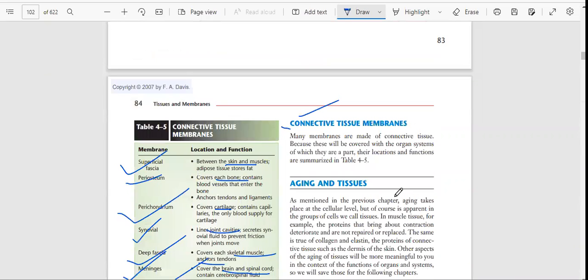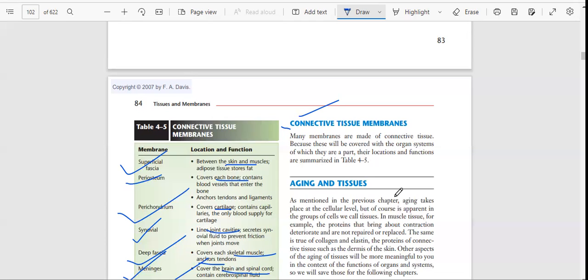So basically, aging is that if there is cell damage, then there is tissue damage. So the aging will depend upon the cell only. If the muscle cell does not receive proteins, it will not function properly. So the muscle cell needs a proper diet and proper energy to do its functions.